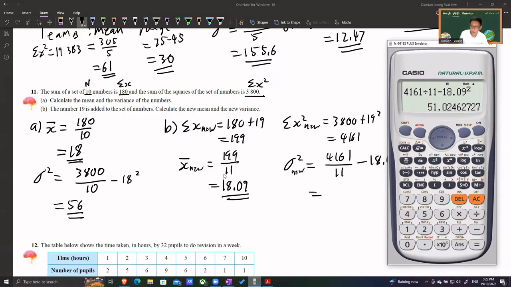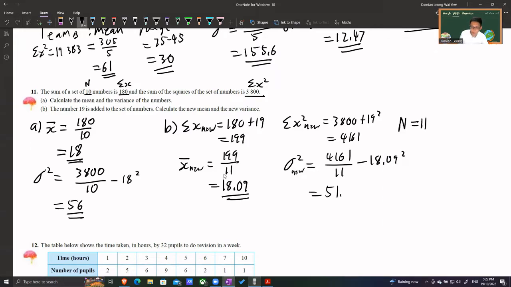So it's 51.02. Okay, that's the new mean and new variance, to change from the sum of values and sum of values squared respectively.